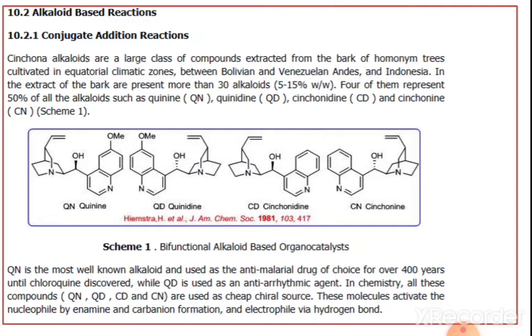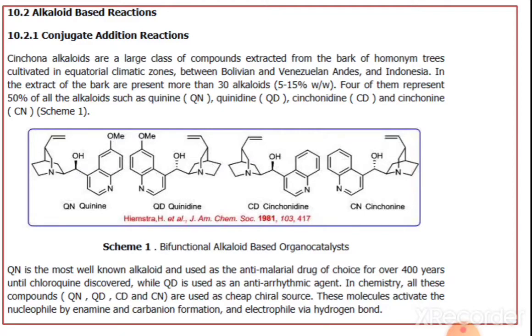And in chemistry, all these compounds, QN, QD, CD, and CN, are used as a cheap chiral source.